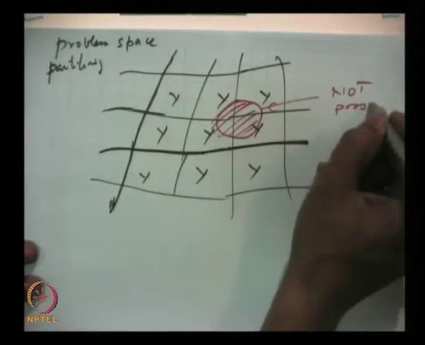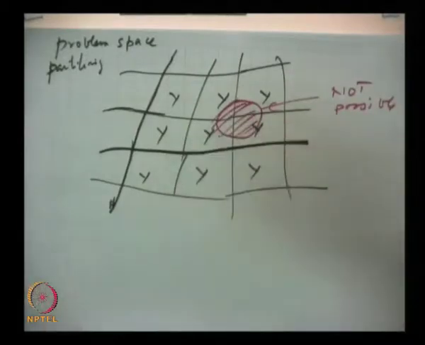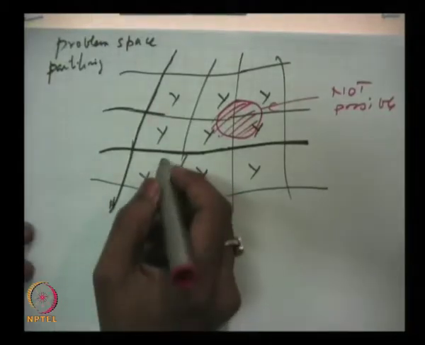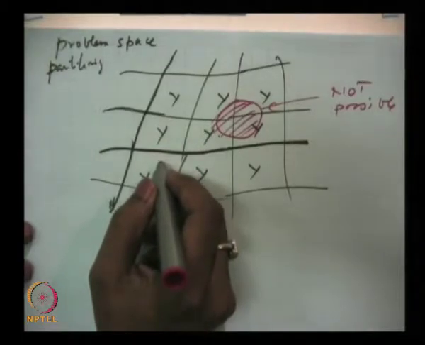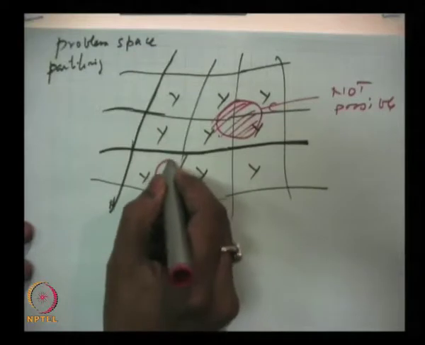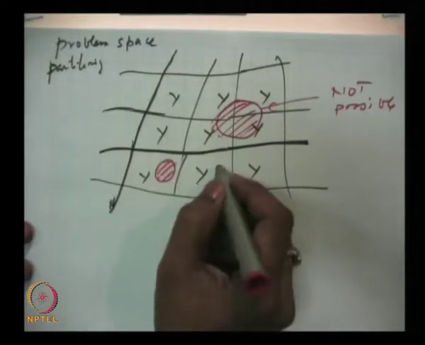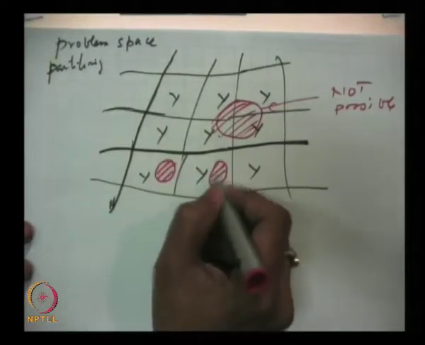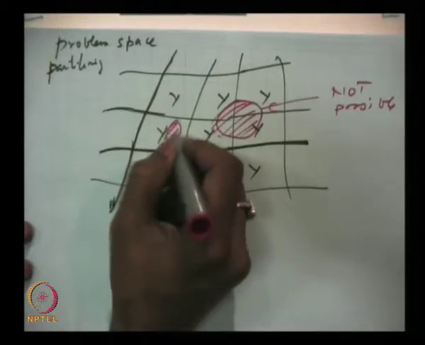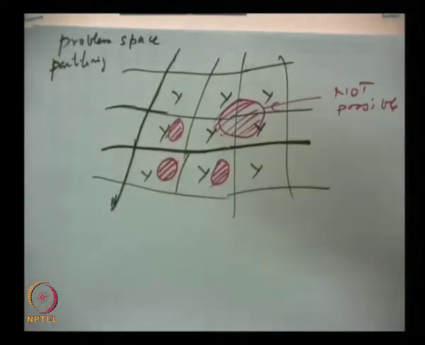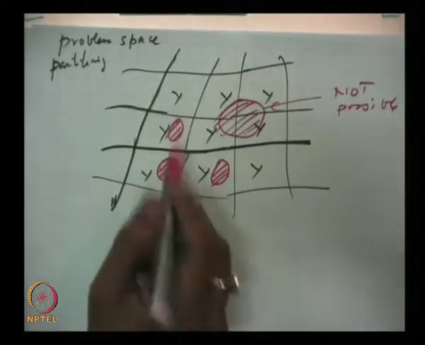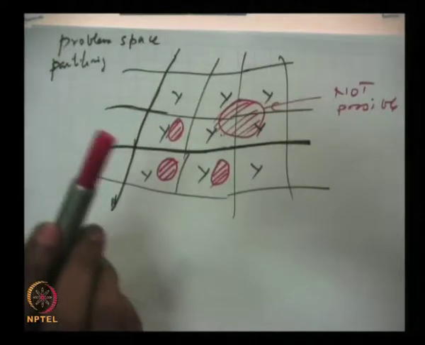So, no single leaf node can span across two such regions, right. In other words, a leaf node must necessarily be confined to, well, no, not necessarily. A single leaf node may correspond to this. All we are saying is that the leaf node has to be consistent; it cannot have both yes and no points.